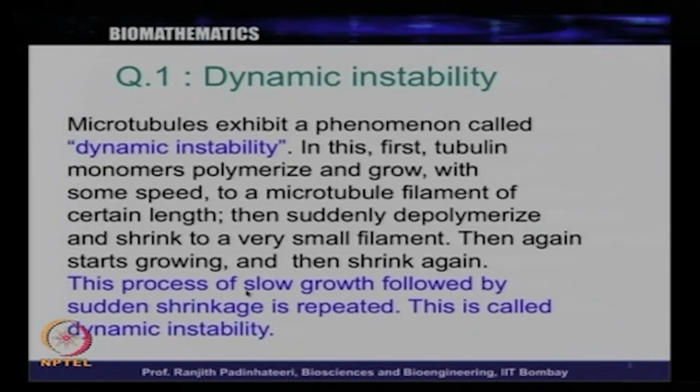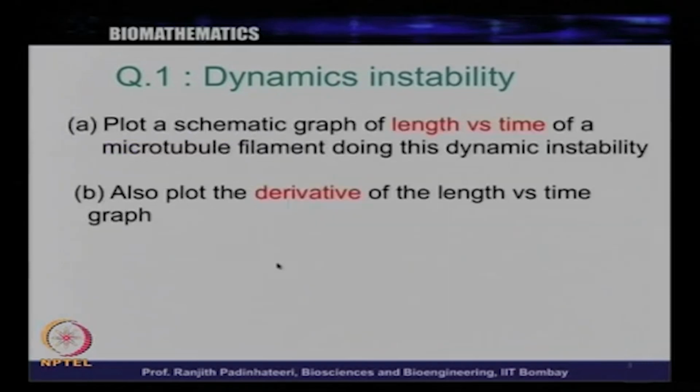Now let us see what the questions are. The first question is to plot a schematic graph of length versus time of a microtubule filament undergoing this dynamic instability. Roughly, you can plot a rough graph from the description you heard.